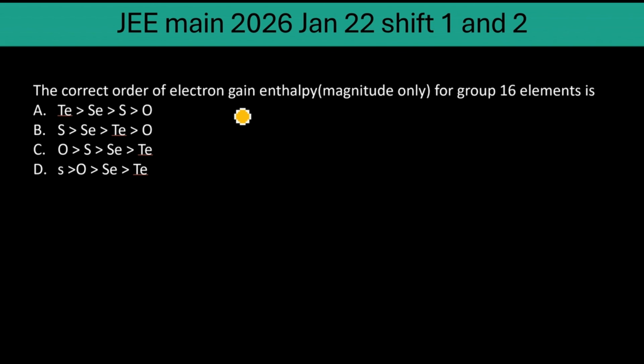The correct order of electron gain enthalpy for group 16 elements. So here I have tellurium, selenium, sulfur, and oxygen. Which should be the correct order? The electron gain enthalpy generally decreases down the group, right? But we have an exception over here. Oxygen has less negative electron gain enthalpy than sulfur because of the smaller size of oxygen.